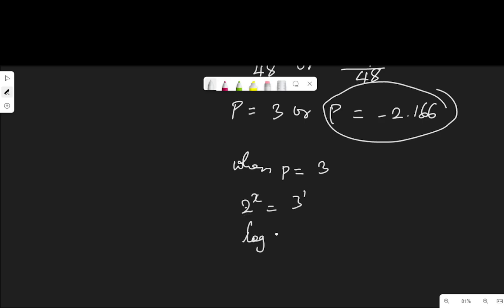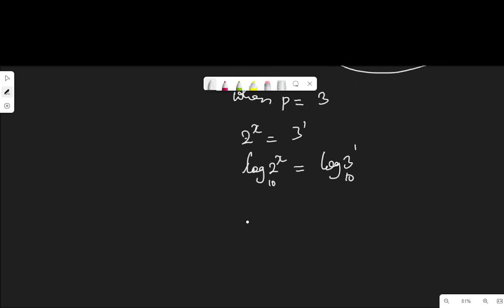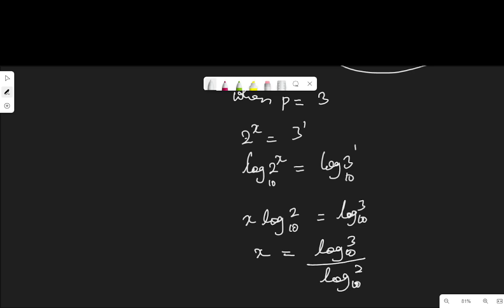I'll take the logarithm of 2^x equal to the logarithm of 3, to base 10, and that will give me x log 2 to base 10 equal to log 3 to base 10. That means x is log 3 to base 10 divided by log 2 to base 10.